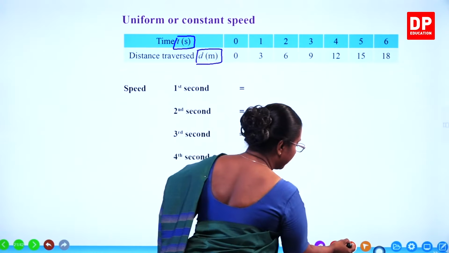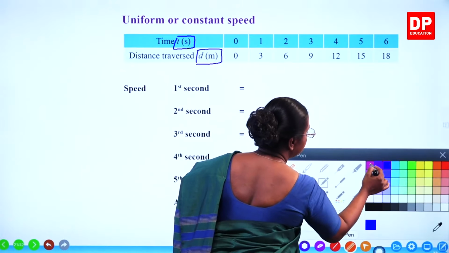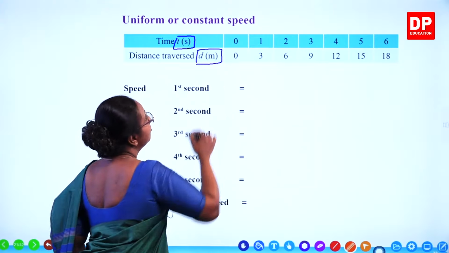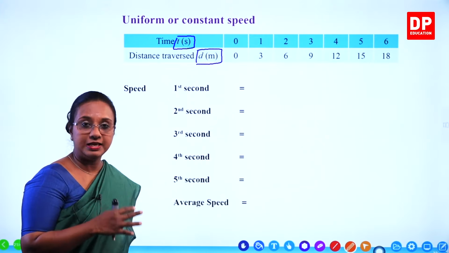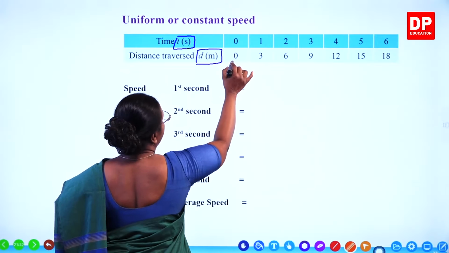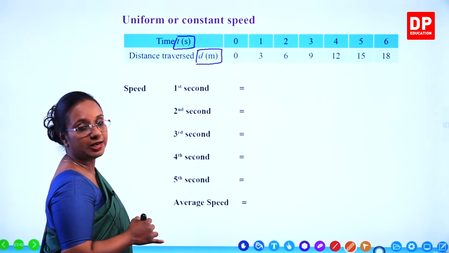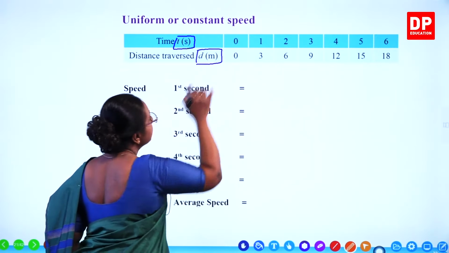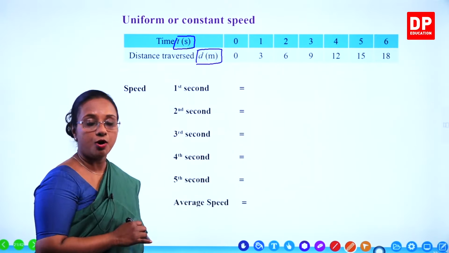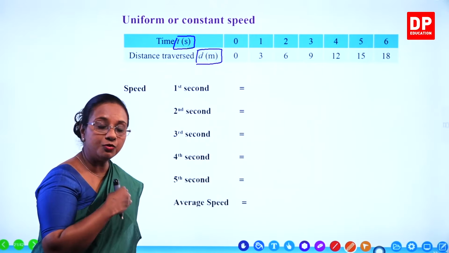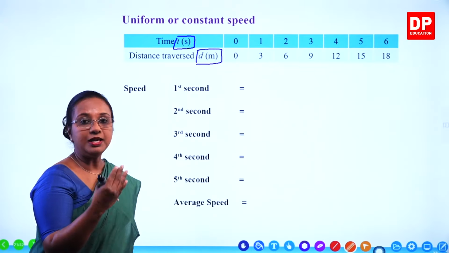Always you have to remember, we will usually be starting the motion from the beginning. Then of course the time will be 0 and the distance will be 0. That is how we usually start the movement of an object. But we will see later, if it is a moving object, it might be different.